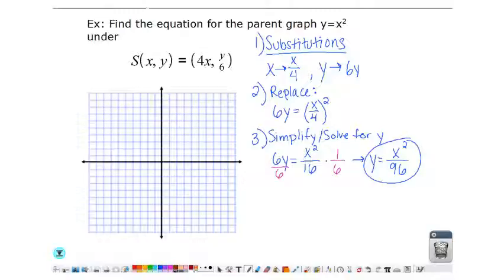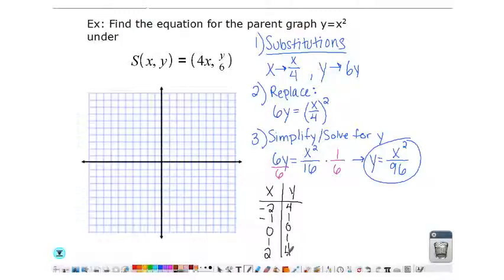So we're going to set up a t-chart for our original, and then we'll set up our t-chart for the parent graph. So let's see, let's do our regular numbers. Let's do -2, -1, 0, 1, and 2. If we plug in, we're going to get 4, 1, 0, 1, and 4.